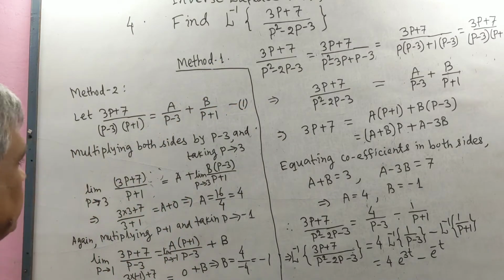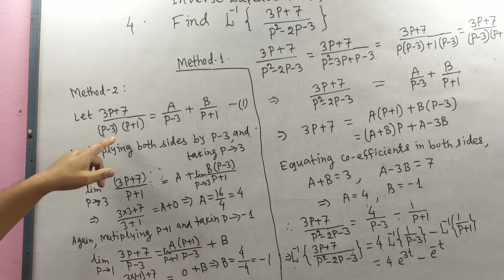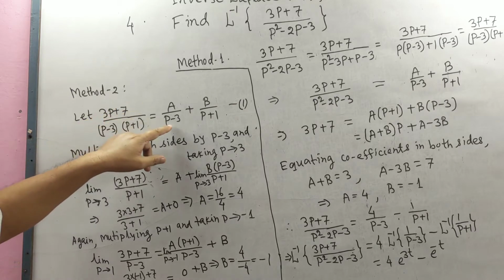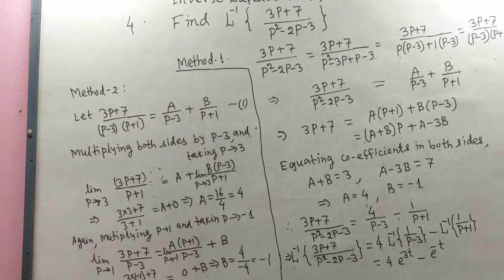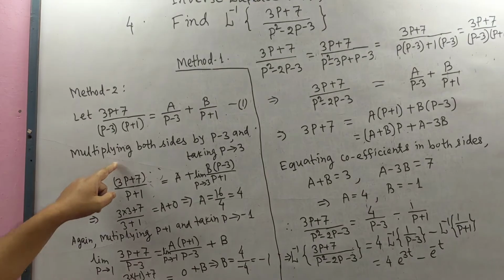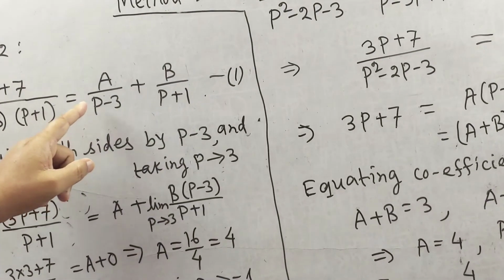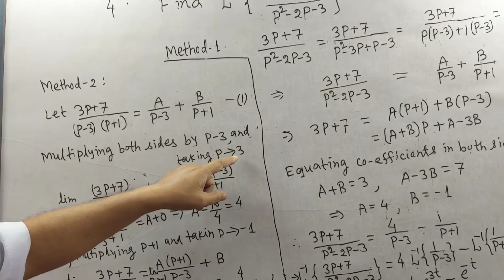We may use method 2 also. In method 2, we write the same thing, a by p minus 3 plus b by p plus 1. Multiplying both sides by p minus 3 and taking p tends to 3.